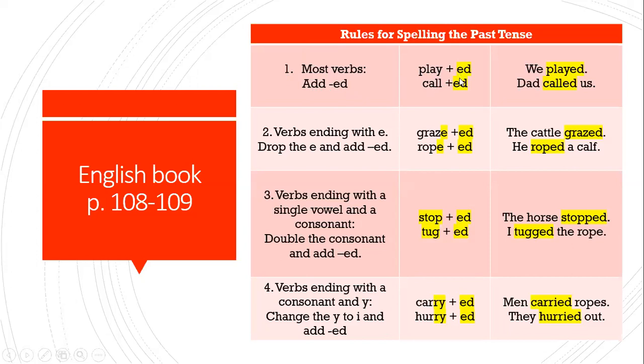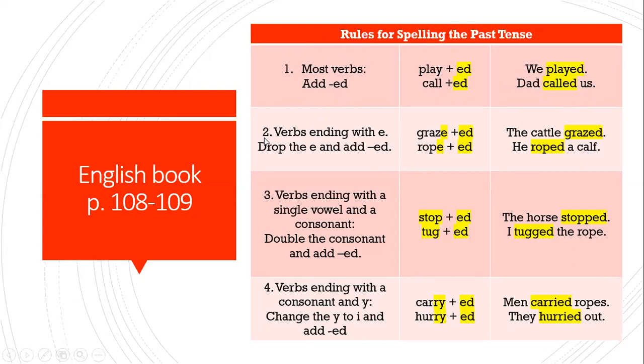We add ed to both, and it would say we played, meaning the past tense, something that you did yesterday, maybe something that you did during the morning, okay? Dad called us, and here we have another example. We just add ed. So that's what's going to happen. To most verbs, we are going to add ed to form the past tense.